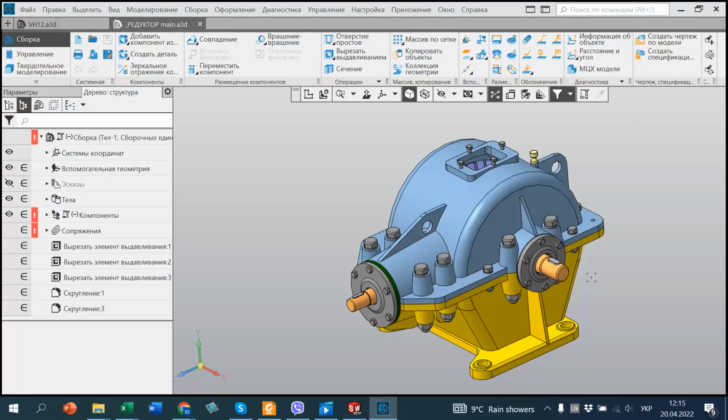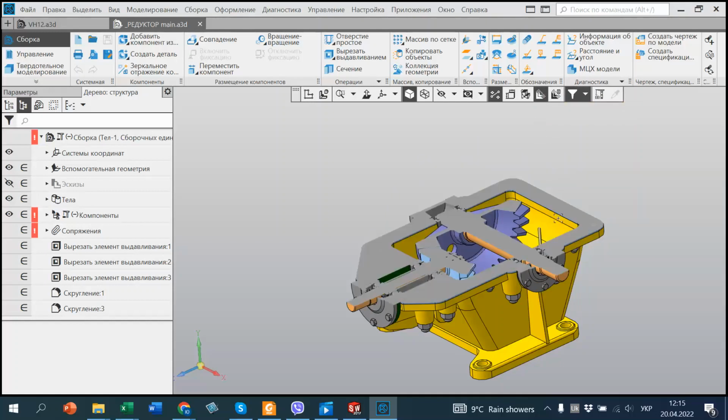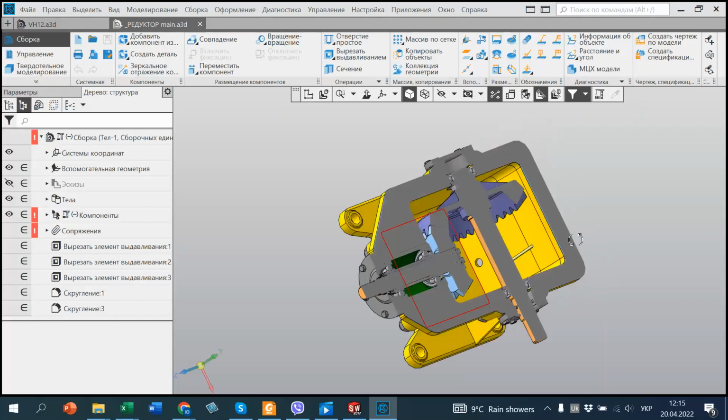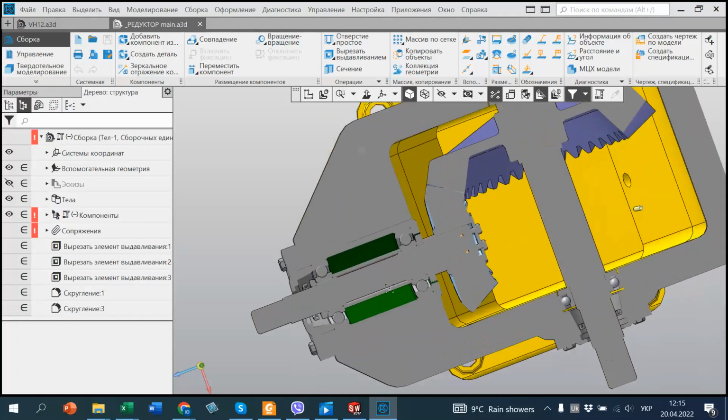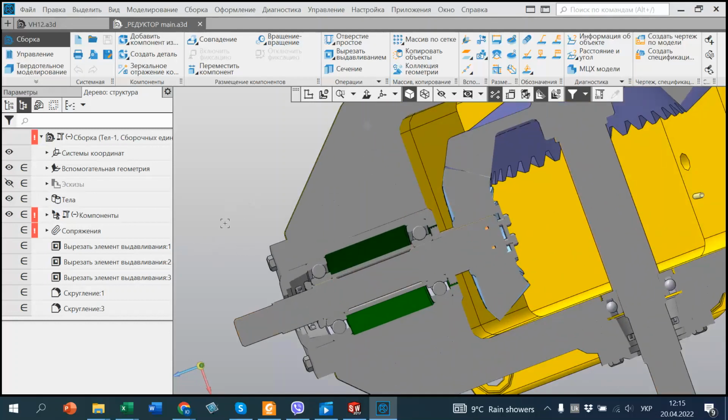One input, one output, and in the gearbox we have the input shaft, which connects the half coupling and engine with the pinion. And from the pinion, power is transferred to the wheel and to the output shaft.